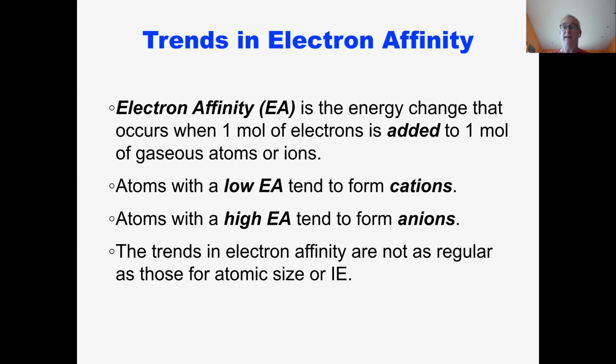Remember, we measure these energies for atoms in the gas phase. So atoms with a low electron affinity, like, no, don't want that electron, they tend to form cations. That makes sense, right? Because they do not want an electron. An electron does not help them achieve chemical stability.